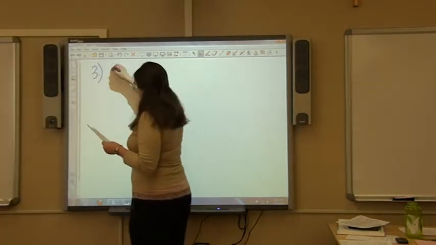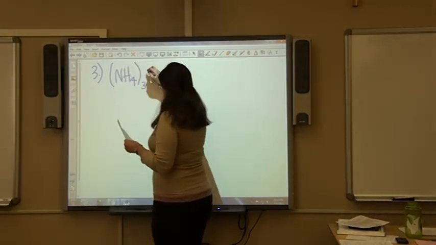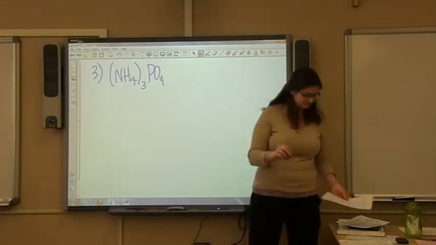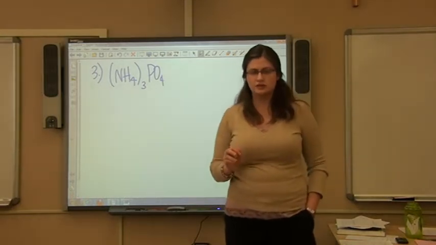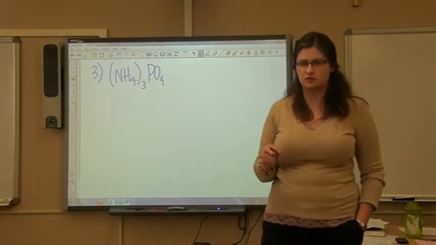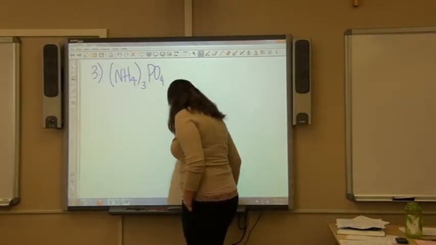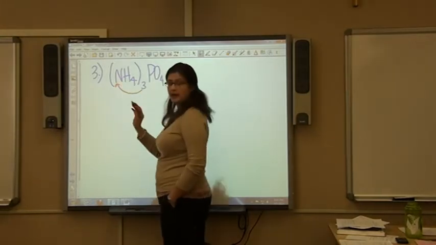This is a great one. Ammonium phosphate. Okay, see if you can think about this one on your own. I think you should pause it and see if you can come up with the correct answer. Okay, so remember that this 3 applies to both the nitrogen and the hydrogen.